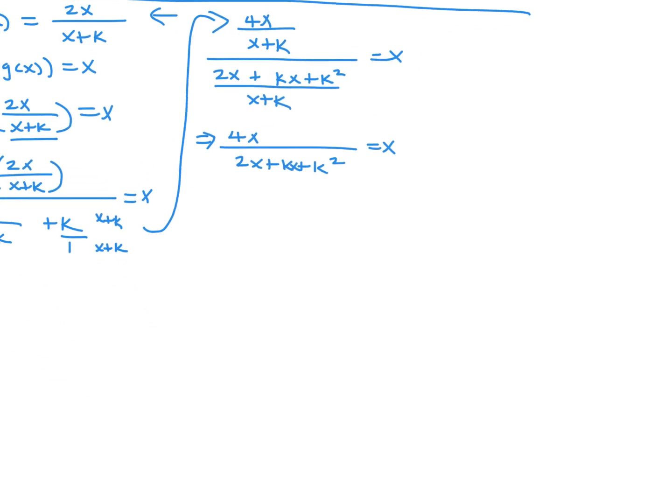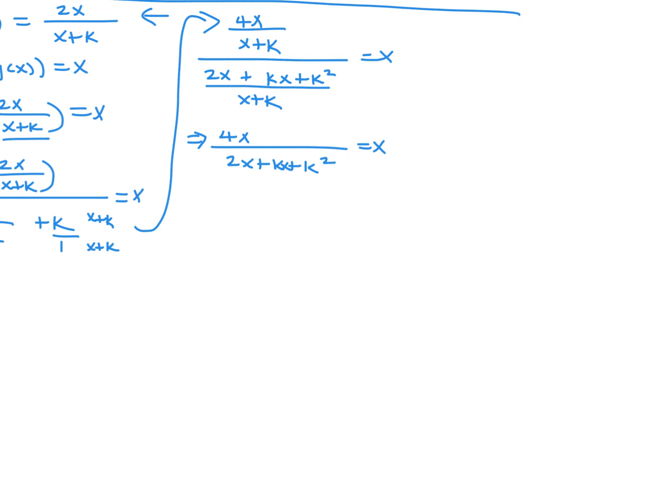Okay. At this point, what are we going to do here? Cross multiply, perhaps? So this will be 4x is equal to 2x squared plus kx squared plus k squared x. Anything we can do here?